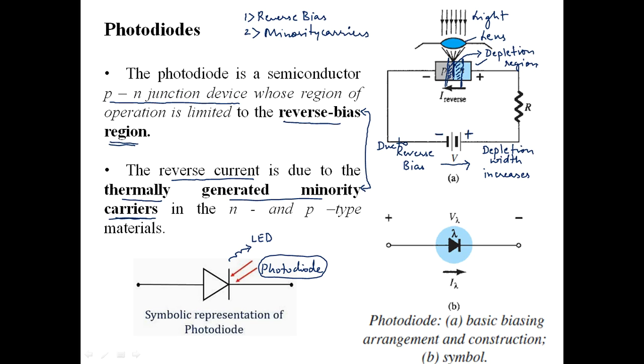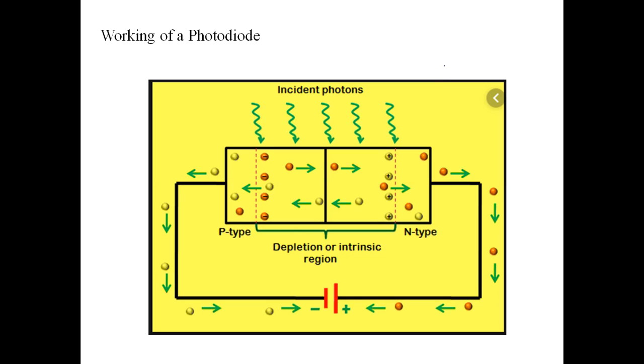And these minority carriers, since they are not affected by any reverse bias, can very easily move. Now this is a very important point. We'll try to understand it in a lot more detail based on the next slide. Well, this makes things very clear.